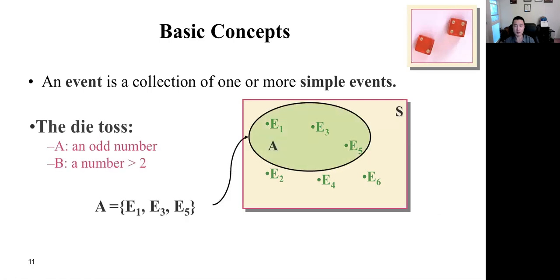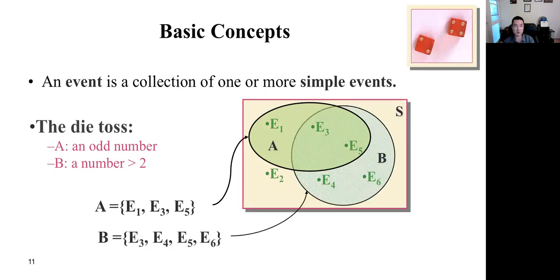All right, so let's look at the die toss experiment again. An event is a collection of one or more simple events. And remember, we have 2 events, A and B. A is we have an odd number. And we can see here, for odd number, we have E1, E3, and E5 in that circle A. So circle A is the event odd number.